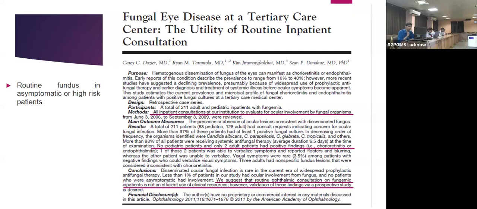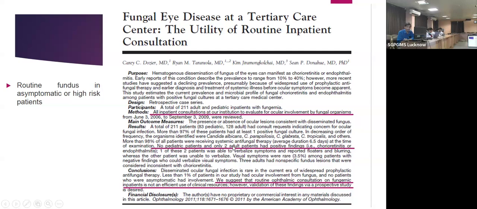Now people started focusing on the fundus itself or any other organ, brain or whatever. This is the study. What they studied was all the patients between 6 and 9 with ocular involvement by fungal organisms. And all the patients received a fundus examination, bedside or in OPD wherever.